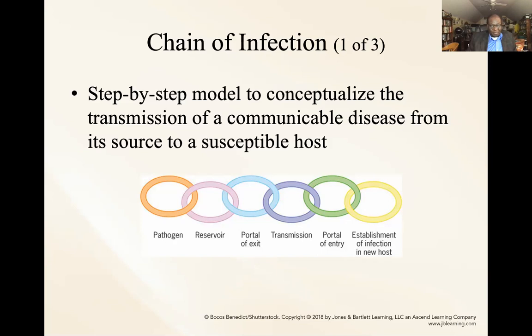Under the appropriate conditions, it leaves the reservoir through the port of exit. Now, according to what people have studied, the port of exit is usually the mouth. When people talk, the pathogen, or the virus, is released into the atmosphere.